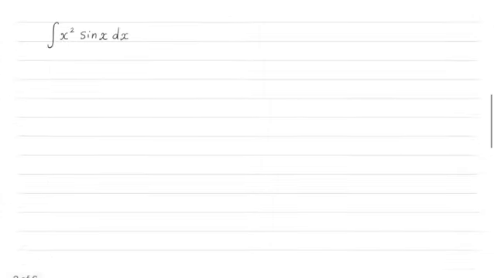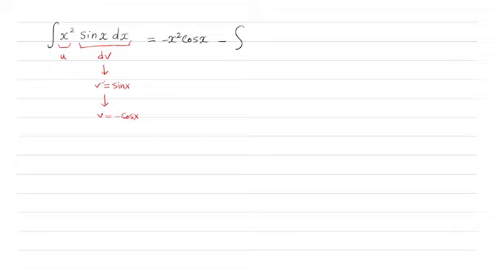Let's see another example. Here, I'm going to take u to be x squared and dv to be the rest. This means that v prime is sine of x. What is the integral of sine of x? That's just minus cosine, so v is minus cosine of x. Let's use this. We get uv, which is x squared times minus cosine of x, minus the integral of v, which is minus cosine.